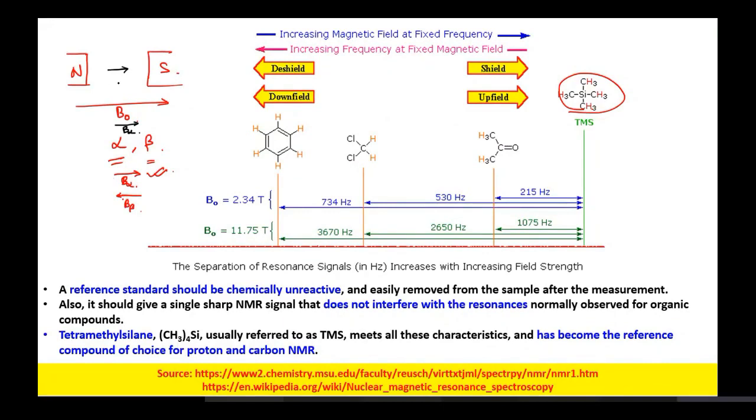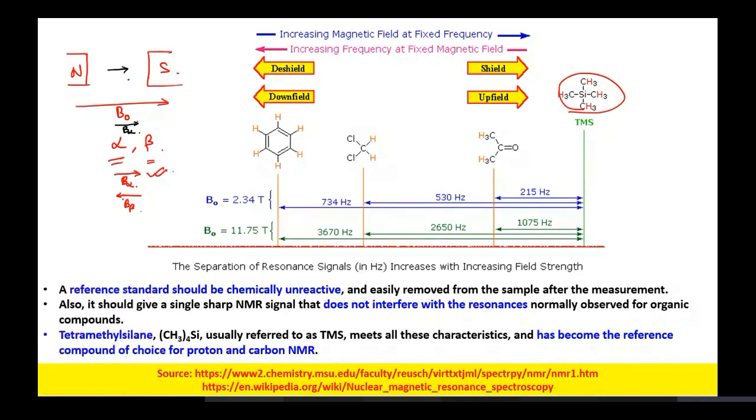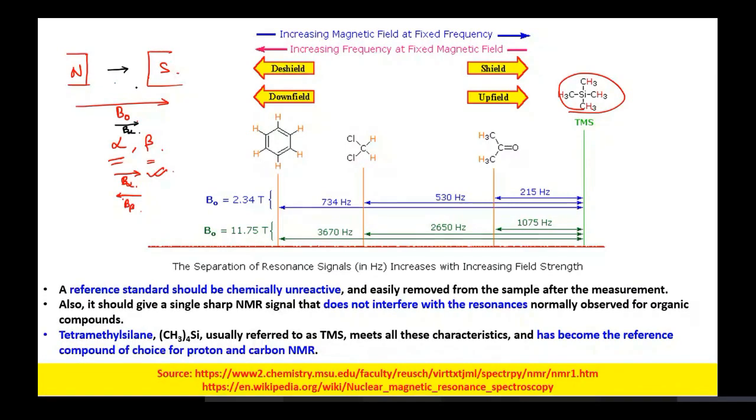However, the beta state, as I told you, if I show it using this blue mark, would be in the opposite direction. But our protons, due to the shielding effect, will be neither completely in the alpha state nor completely in the beta state. So what would happen?